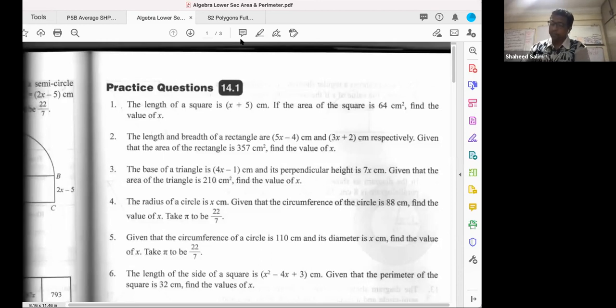Quite easy, so you need to know what equation to write. If you get it wrong, take a photo of your equation and send to me.